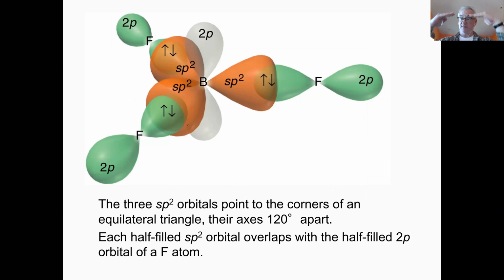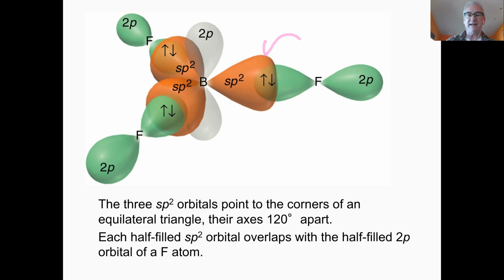Chlorine is 1 bigger, so its bonding electron is in the 3p orbital, and then bromine would be in 4p, and so on. But this time, fluorine's in the 2p. It overlaps with the sp2 hybridized orbital of boron, and this is the overlap right there that forms the covalent bond. And you see we get our 120 degree bond angles, okay?